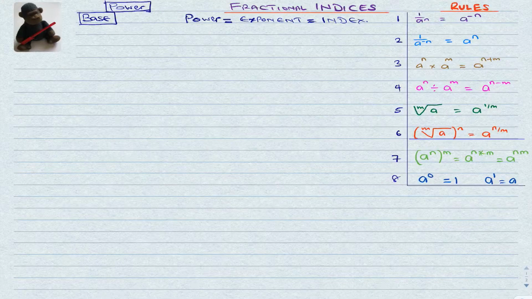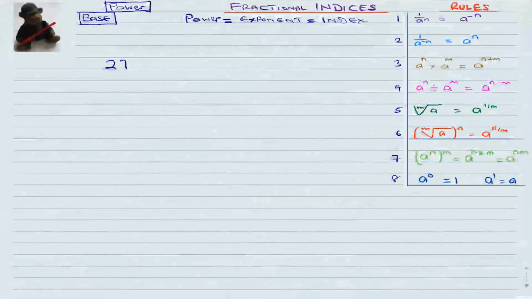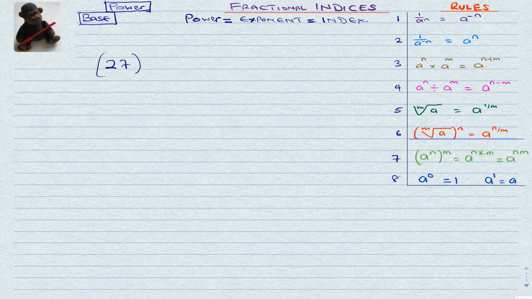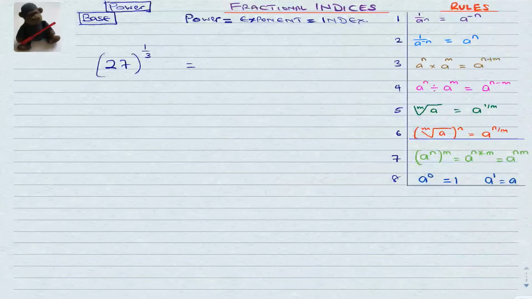Now let's try another example. 27 to power of 1/3. As you can see, the clue is in the question. The denominator of the power is telling you the clue. A number you can multiply by itself 3 times, and then you get 27.